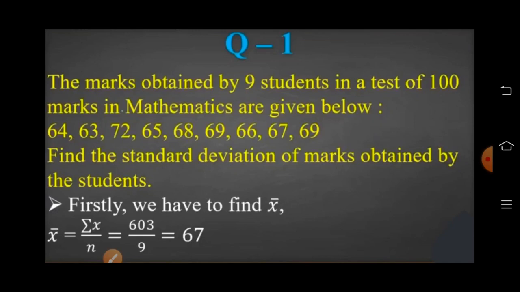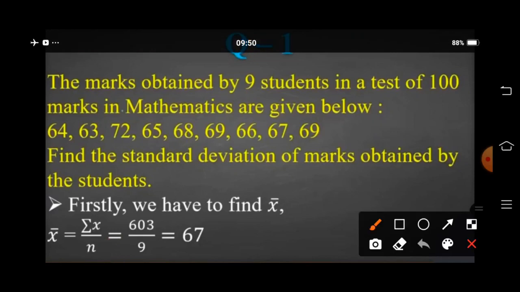So first you have to find the mean. For finding the mean, we add all observations. Then we get 603. Number of observations 1, 2, 3, 4, 5, 6, 7, 8, 9. So 603 divided by 9 is 67.